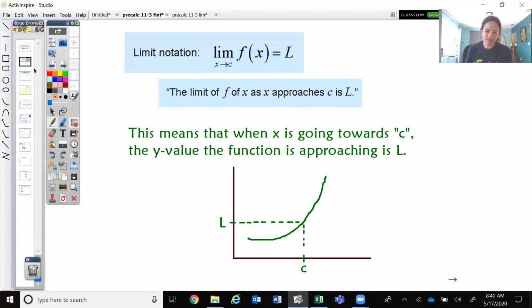There's a decent amount of information, and so I'm going to try and go as quickly as possible without rushing too much for you. So the limit notation, I believe you're already familiar with.